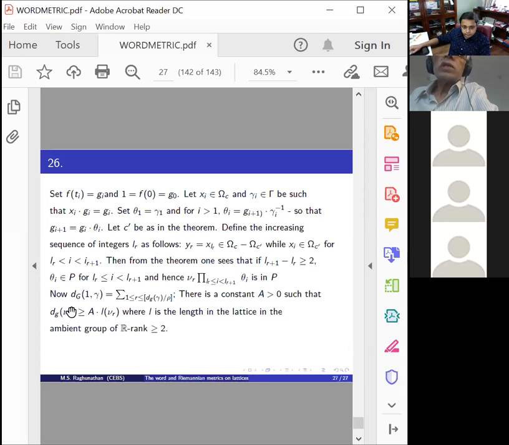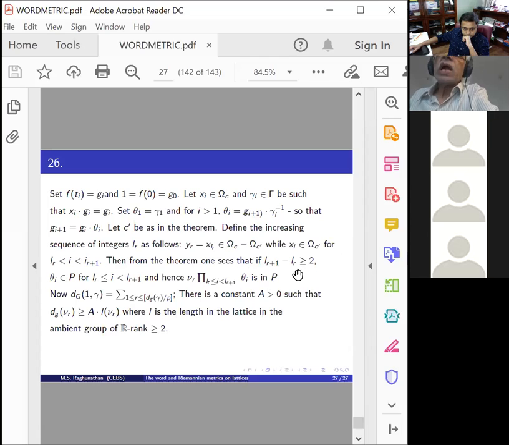By the definition of the geodesic, d_G(1, gamma) is a sum of these d_G(gamma_rho), from g_{L_R} to g_{L_R+1}. So there is a constant k greater than 0 such that d_G(nu_R), this nu_R being the product, is greater than a constant times L(nu_R).